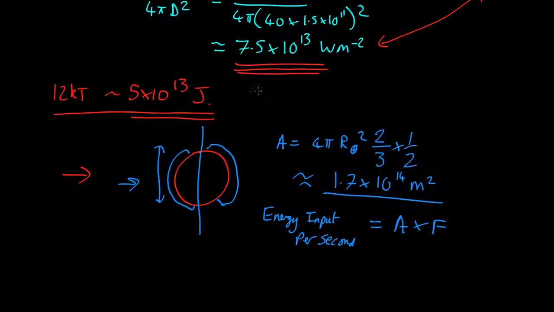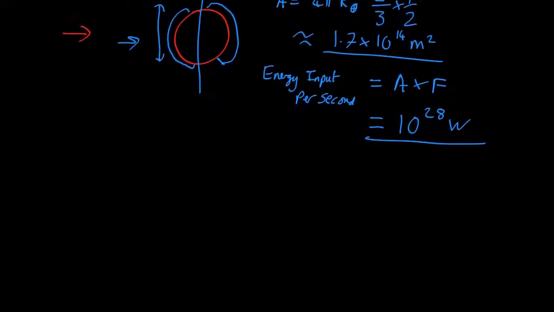We've got the area, we've got the flux, and that comes out as about 10 to the 28 watts. Another meaninglessly big number. 10 to the 28 is far too big for any human to know what it really means.